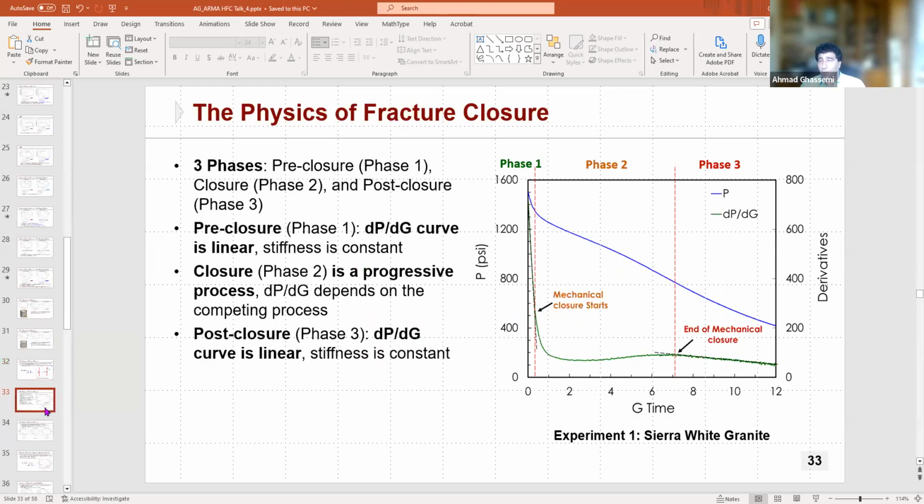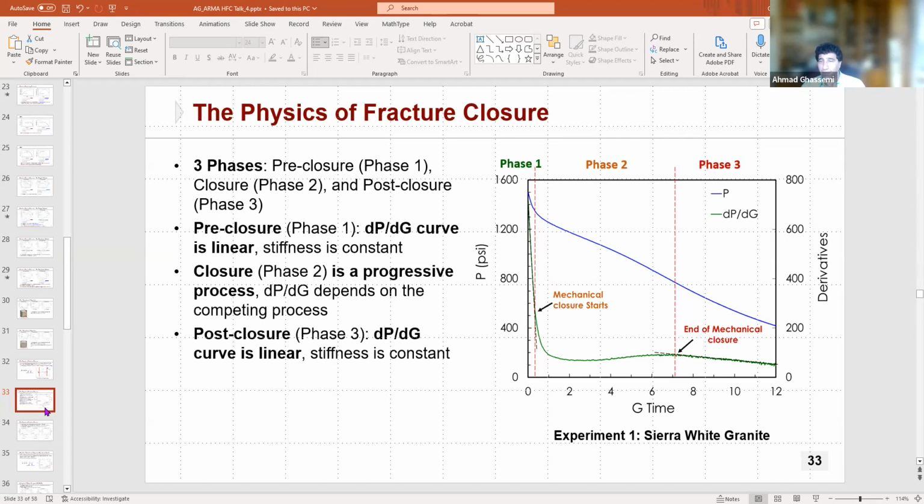So our experiments do shed some light on the actual closure process, and we will see that this has some bearing on the technique to extract closure pressure using the compliance technique. If we divide the process of fracture closure into 3 phases, we have phase 1, which we can call pre-closure.